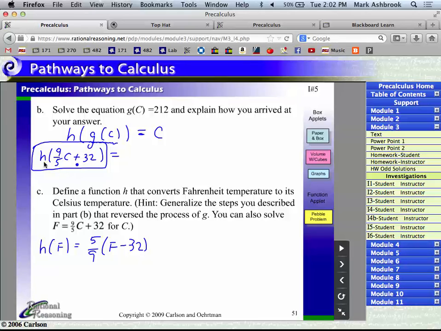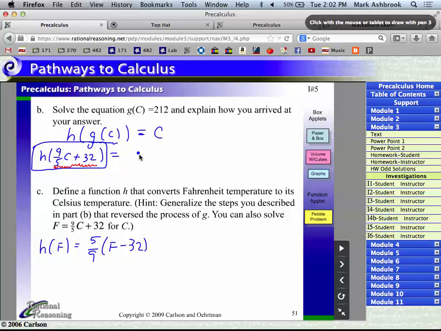Okay, so who can write what this equals, right? So here's the set of instructions for H. The input of H, and now here's our input of H. So what does this equal? Does it make sense? Can you do it? Jared here: you plug in 9 over 5 times C plus 32. Yep, here's the input. And so tell me. Yep, the whole thing.